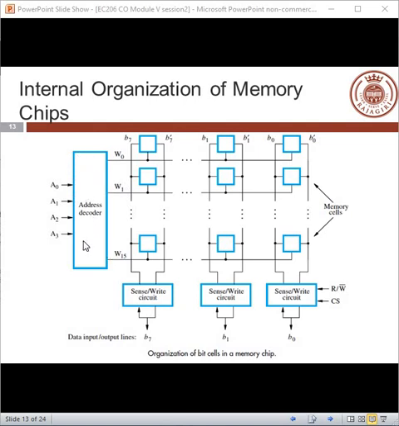The address decoder will have inputs A0, A1, A2, A3, 4 bits. Based on this input, we will select one of these 16 rows, from W0 to W15. Now, based on the row selected, data will be available on B0 to B7, or we will be writing data from B0 to B7 to that corresponding row.